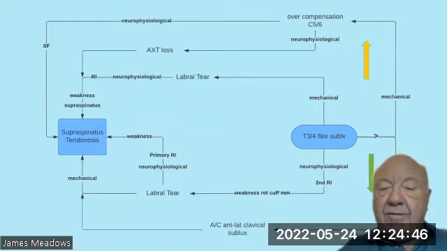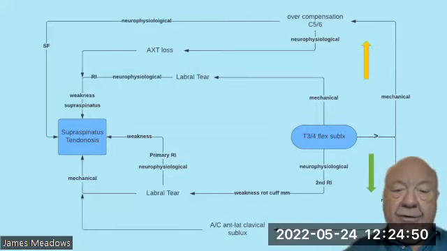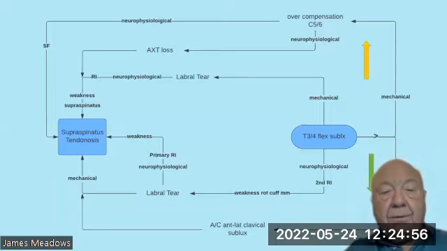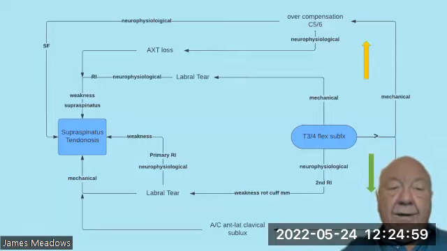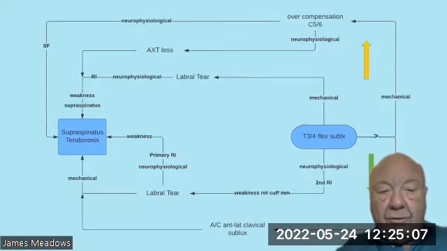Again, now weakness of the rotator cuff, leading to a labral tear, leading to a primary instability of the rotator cuff muscles, and then a degenerative supraspinatus. Or again, that labral tear can actually lead to a mechanical overuse of the supraspinatus as it's trying to stabilize what now is an unstable joint, and it's overworking and you actually get an overuse syndrome.